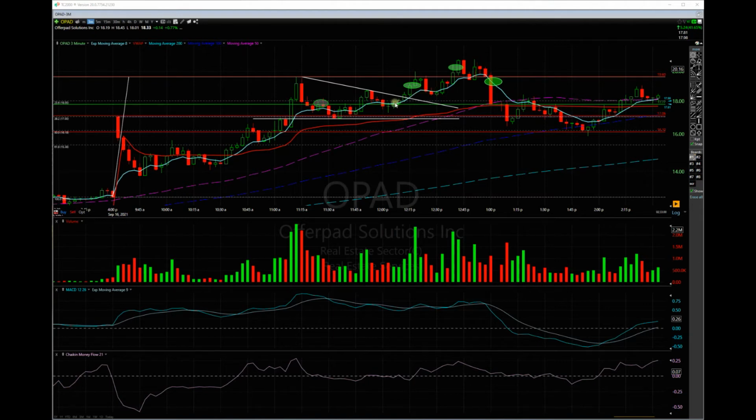This was almost a 15.5% move out of the flag from my entry. So it's a pretty decent profit. I was hoping for some more, but this is the challenge of lunchtime trades. There's never any guarantee. I think the probability is at least 10% less that there will be further continuation.